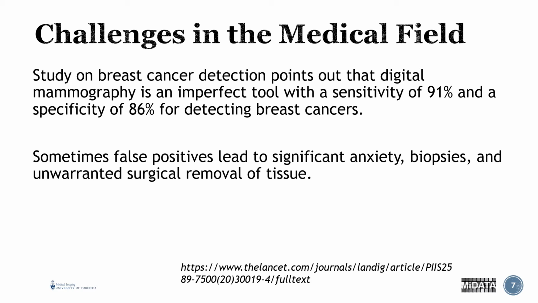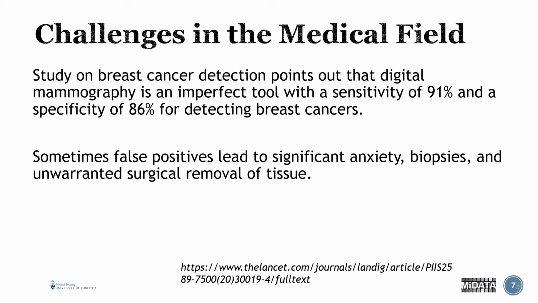And essentially what it came out to was about a 91% sensitivity, which is higher than what radiologists, for instance, will detect, and a specificity of 86%, which actually is lower than what the typical radiologist will detect.